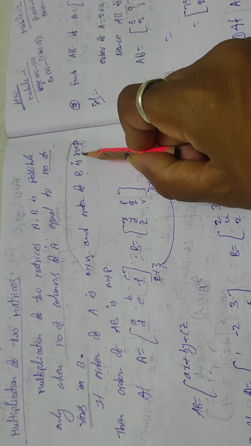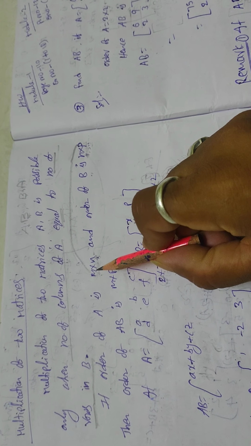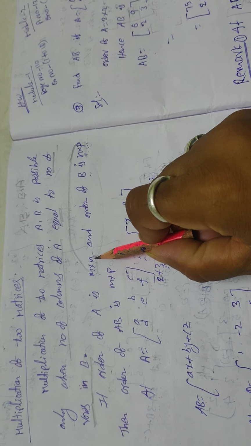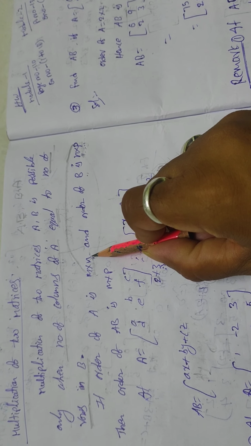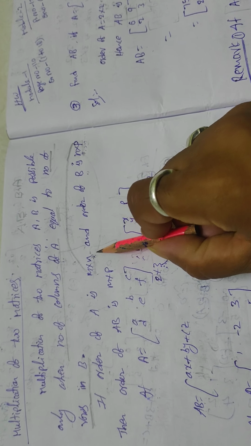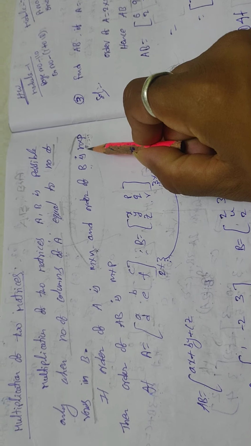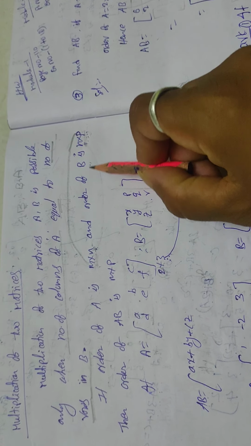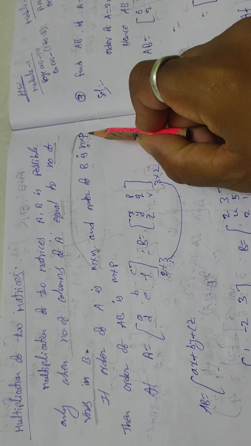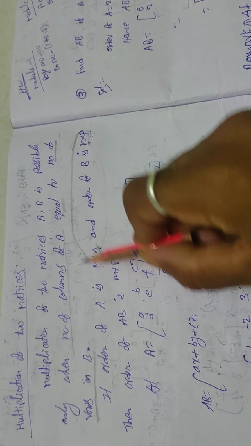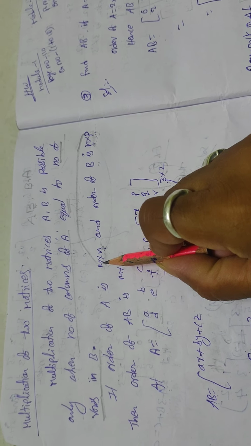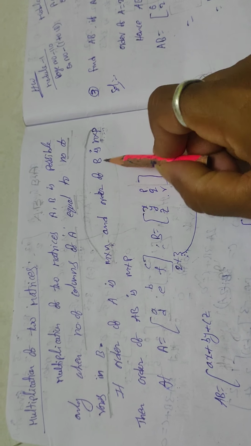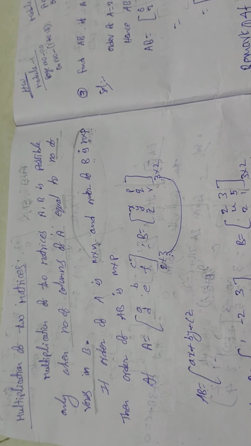Here the first one is always rows, the second one is always columns. So the number of columns of A is equal to the number of rows of B. Then A into B is possible. But if you check BA, the number of columns of B is p, and the number of rows of A is m. These two are not equal, so BA is not possible.